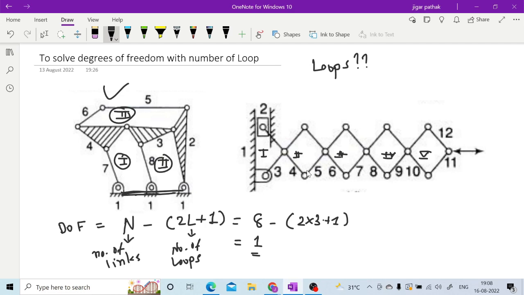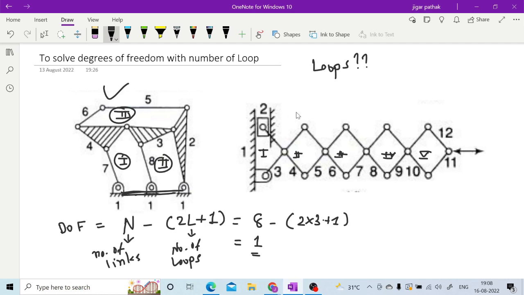Hello, sir, I have joined just now. Dhruv, we are finding degree of freedom for the mechanism shown on your slide. Is that okay for you now? Yes, sir. Okay, let me continue, please.